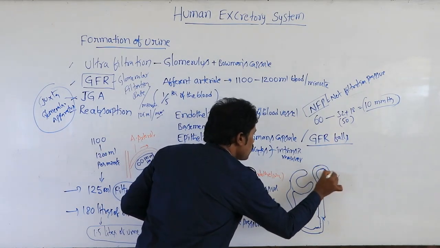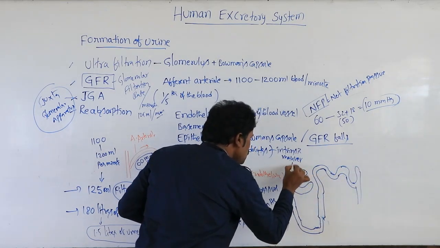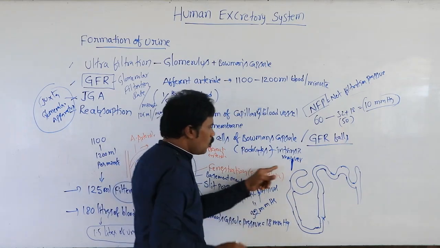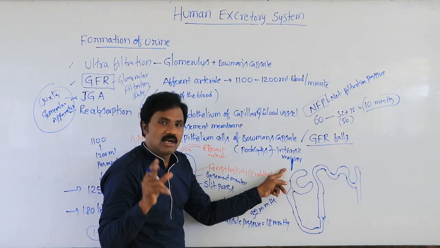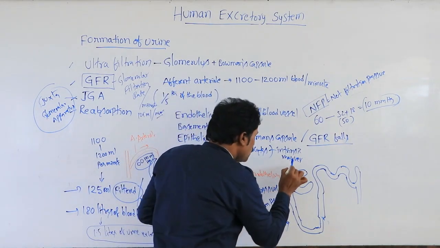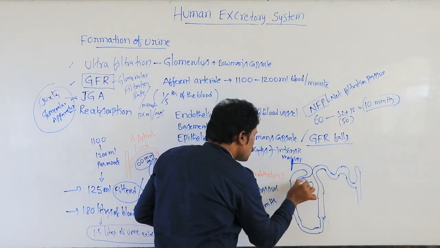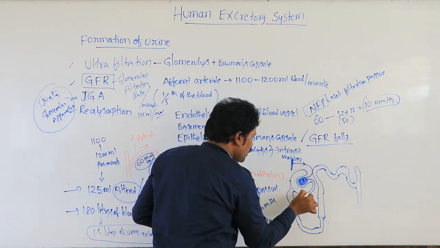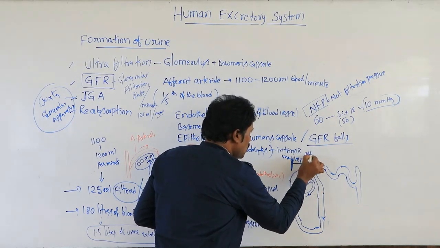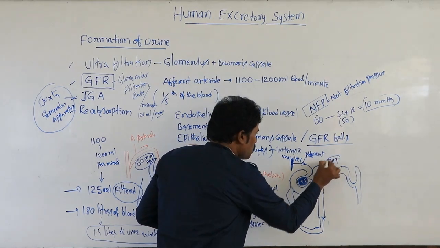This is the renal artery, and from the renal artery it goes towards the glomerulus, then the afferent and efferent arterioles. This is the afferent, and this is the distal convoluted tubule.